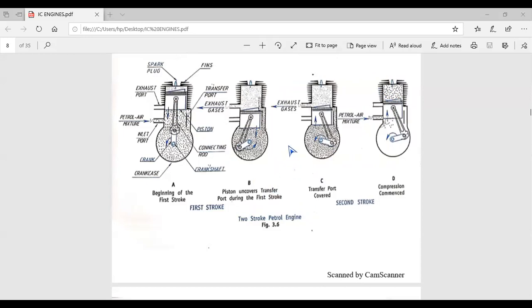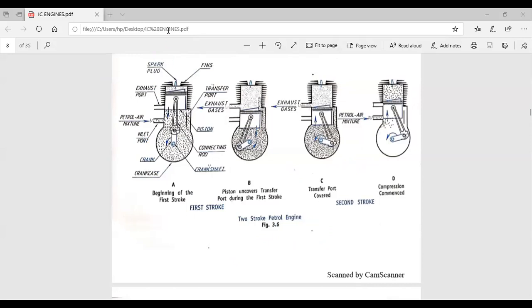Scavenging means the cylinder is filled with the fresh charge while the burnt gases exit to the atmosphere. The entire working of the engine is completed in two strokes of the piston.